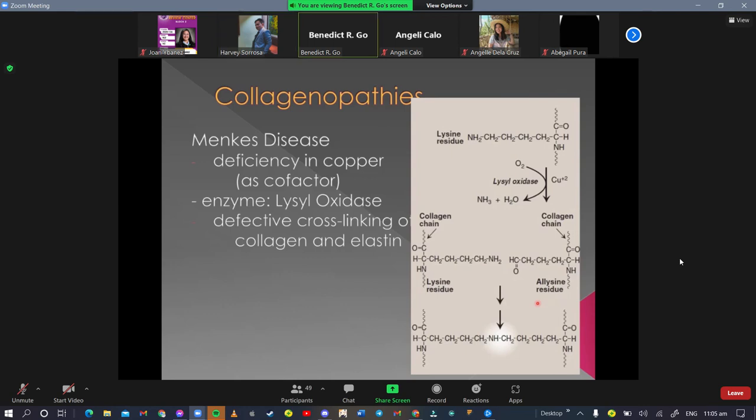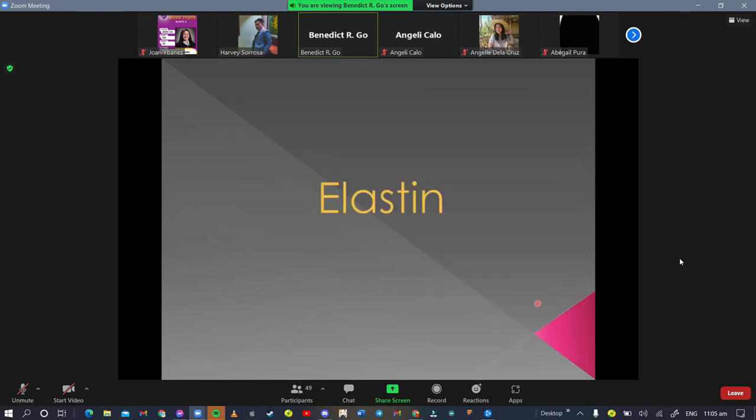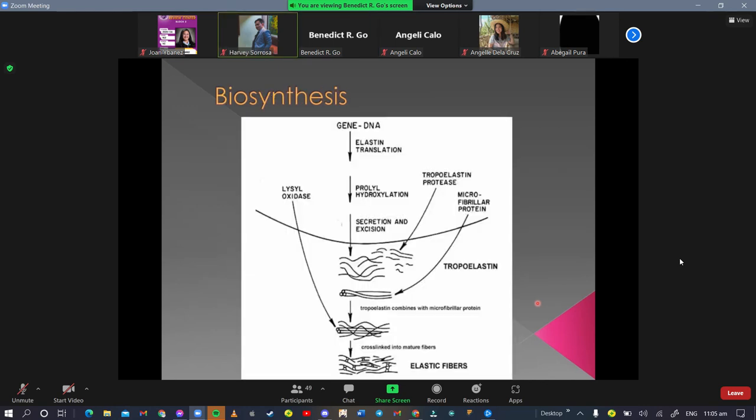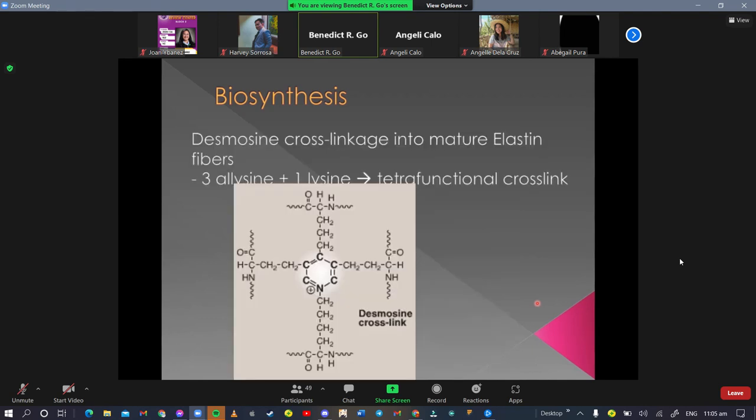Okay, so for now, put it at the back of your mind. Let's move on to elastin, because there's a different link in elastin. Okay, thank you, Harvey. So elastin, introduction, read that in Harper's. Basic figure. Now, remember that linkage in collagen.